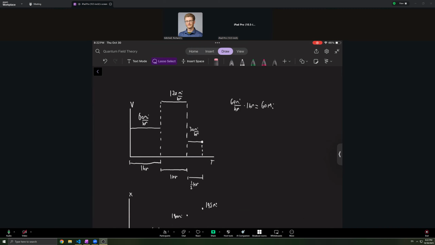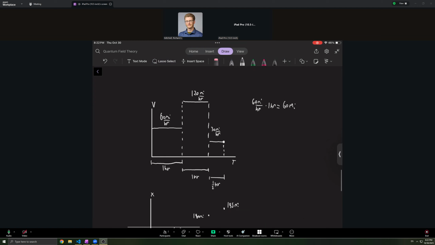Let's look a little bit at how we're representing our velocity data. We're representing it with a graph. And you can see here, in particular, how we're kind of doing this calculation with rectangles. Let me be clear about what I mean.